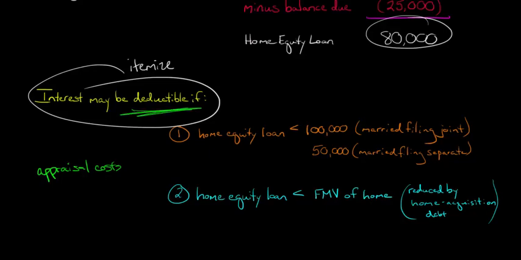So we've got the deductibility of interest we just talked about. So if you were to take that equity, let's say you got this home equity loan for $80,000. Now, you could take that and pay down credit card debt. And that's what a lot of people do.